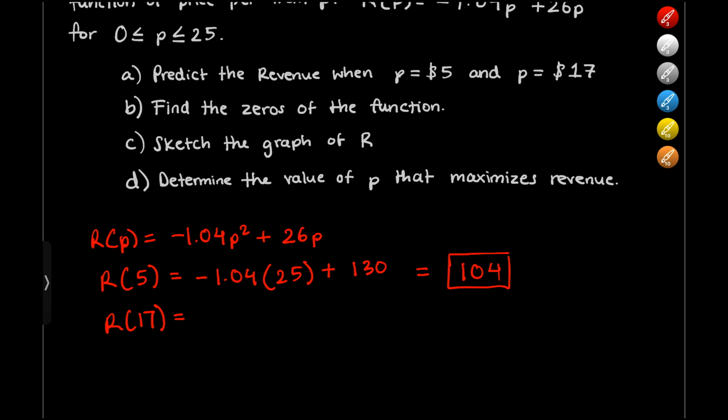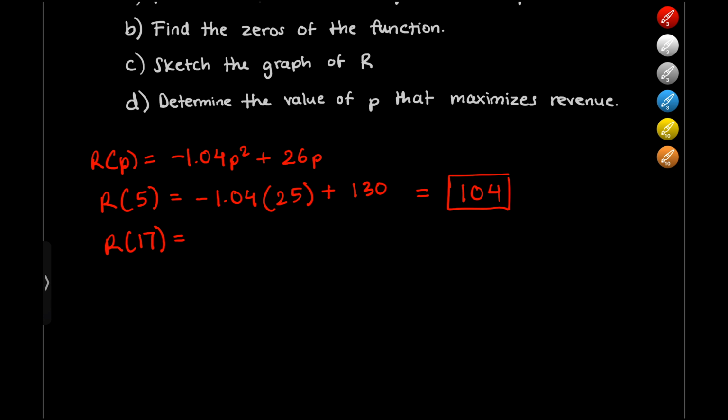And so for R of 17, it will be negative 1.04 times 17 squared plus 26 times 17.